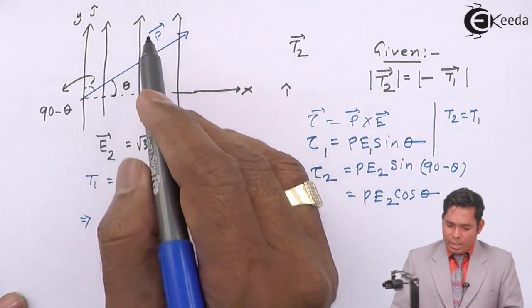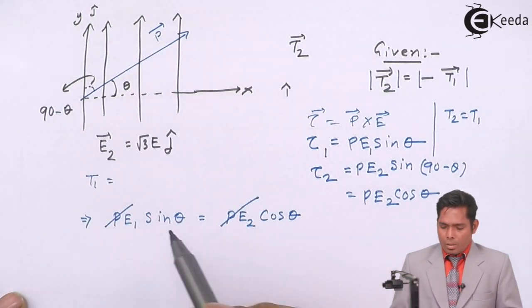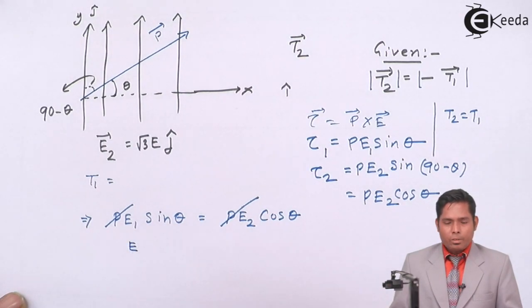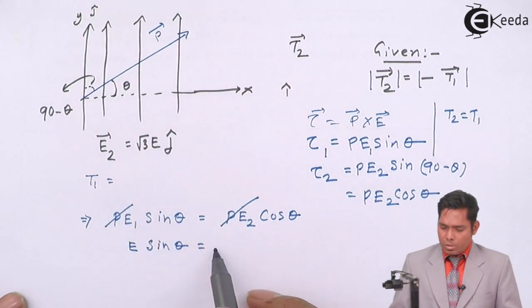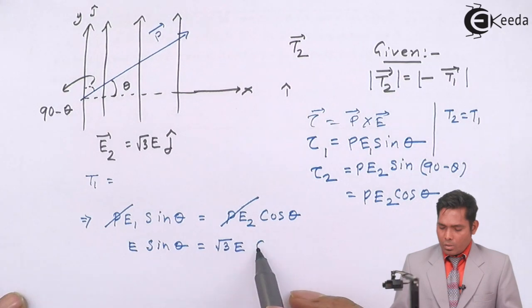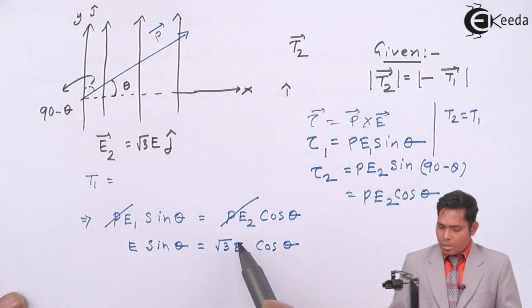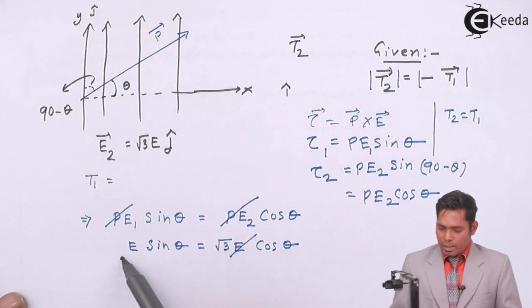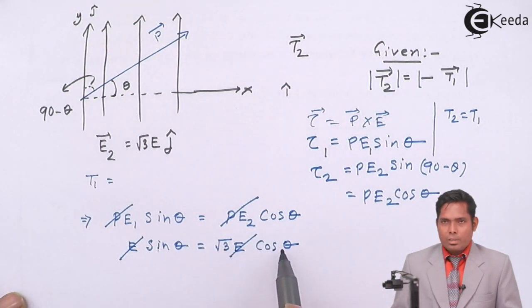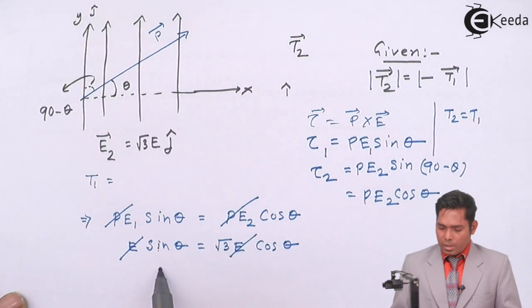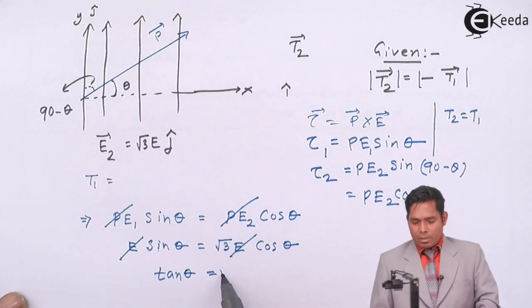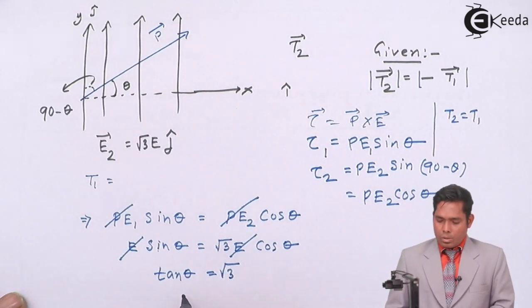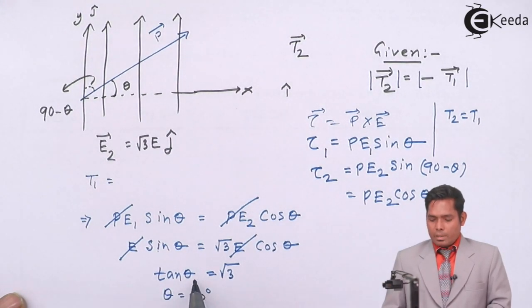The same dipole is there, so P cancels. E1 is E in magnitude, so it is E sine theta. E2 is root 3 times E, so it is root 3 E cos theta. The electric field E cancels on both sides, so sine theta over cos theta is tan theta. Tan theta is root 3, therefore theta comes out to be 60 degrees, because tan 60 is root 3.